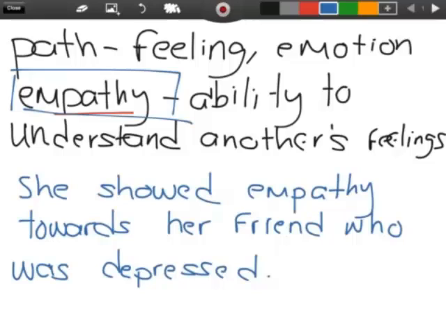I'm going to read that to you. She showed empathy towards her friend who was depressed.